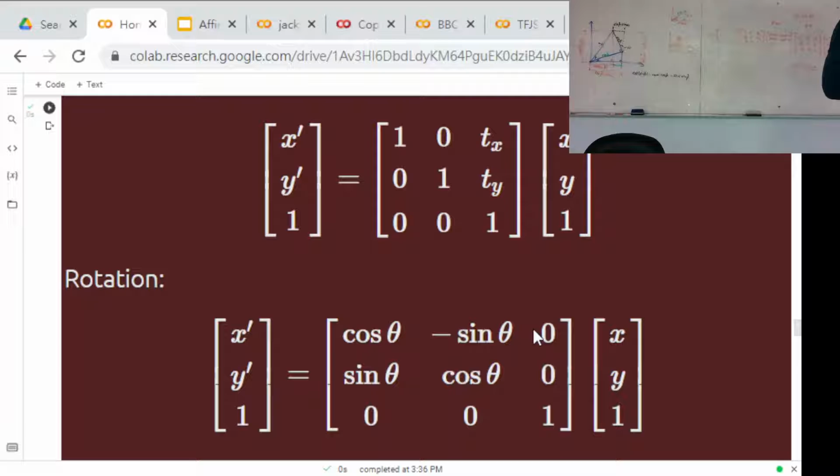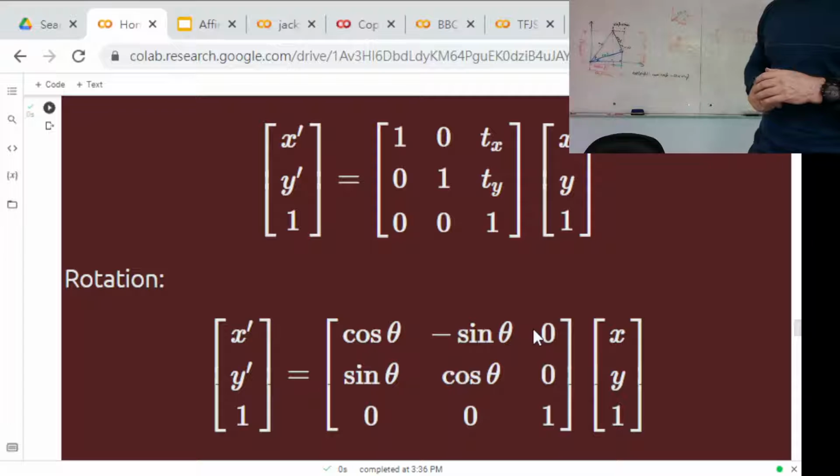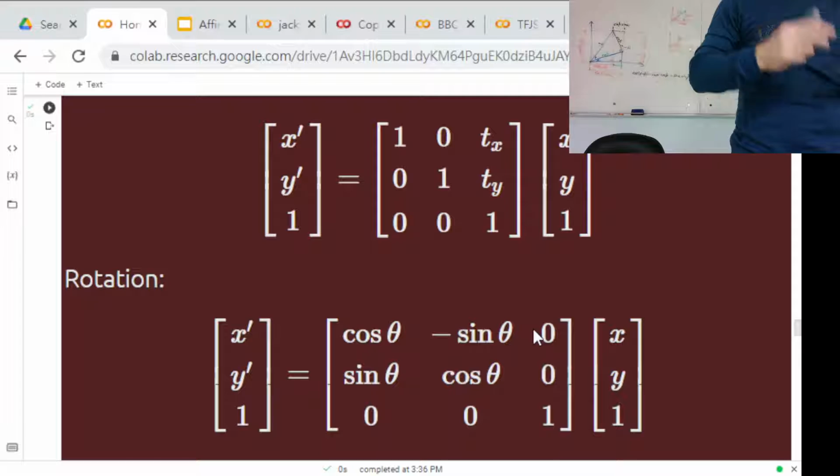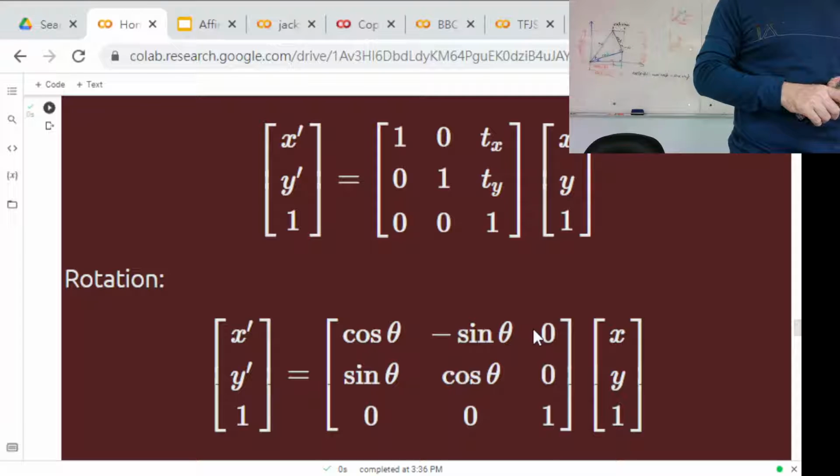So homogeneous coordinates have some advantages in theory. One of them is that you can now represent points that are infinitely far away, which you cannot really do using just Cartesian coordinates, because you just end up with infinite or something like that, right?